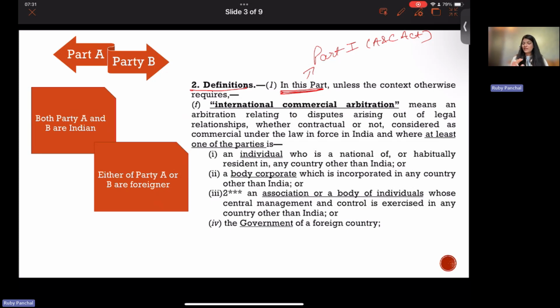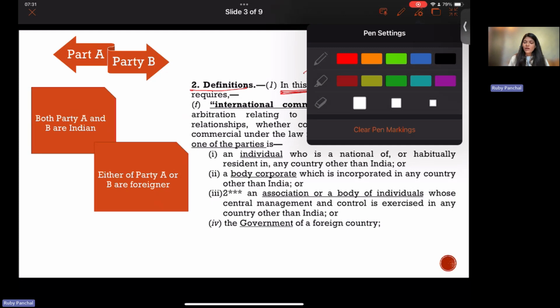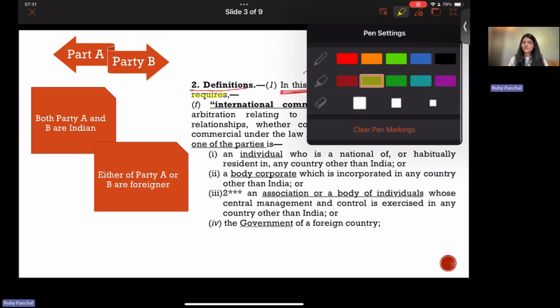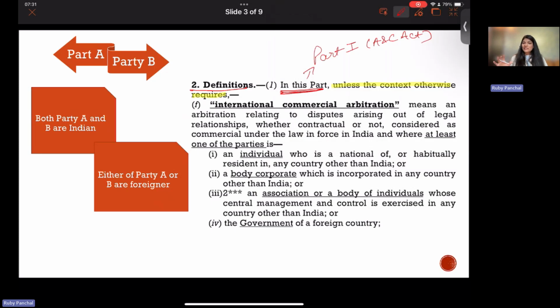Now, guys, this is beyond important because every now and then you would realize that whenever the court is contemplating the definition, the court always contemplates on this phrase. They read the section and they see, is the context requiring otherwise?